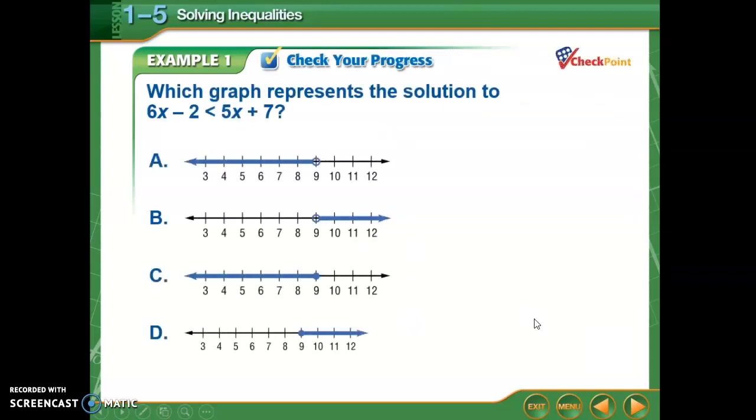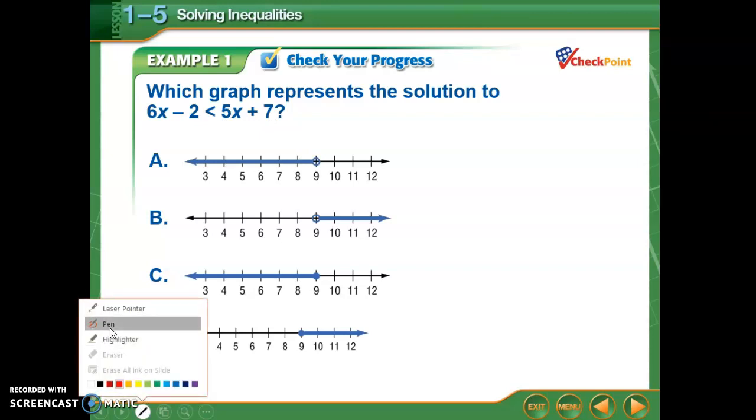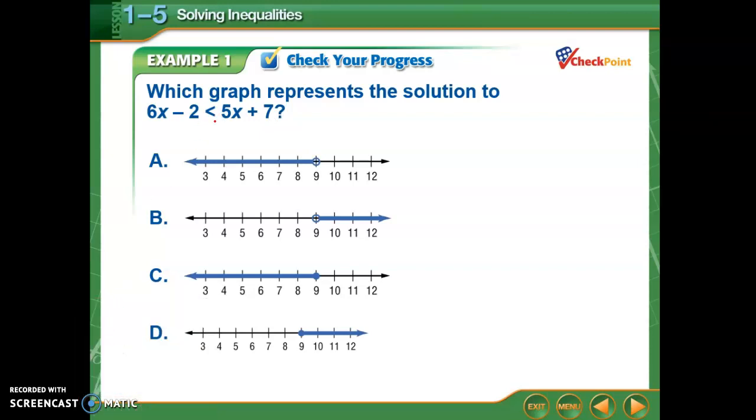Try this one: 6x minus 2 less than 5x plus 7. So work that out and then solve for x. I'm going to subtract 5x from both sides first. You can do it that way. And then I'm going to bring down my x here, minus 2 less than 7.